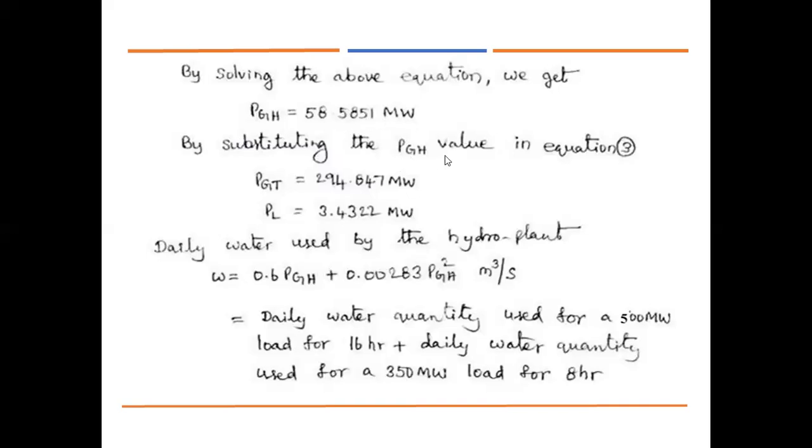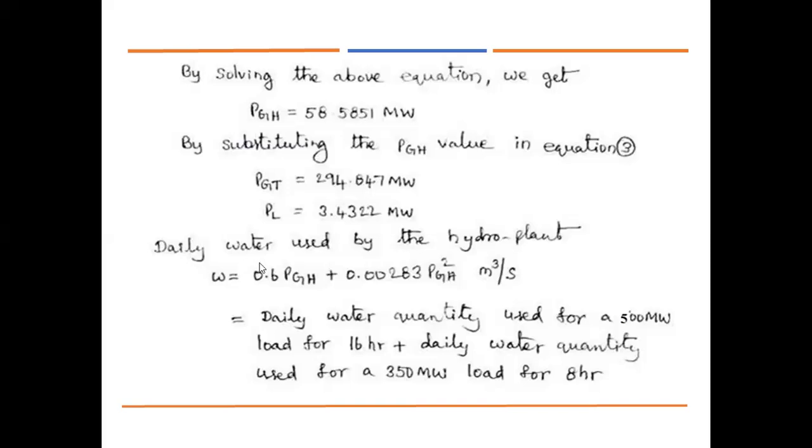By substituting the PGH value in equation number 3, we will get PGT equal to 294.847 megawatts, PL equal to 3.43 megawatts, where PGH is the power generation by the hydroelectric power plant, PGT is the power generation by the thermal power plant, and PL is the power transmission loss.